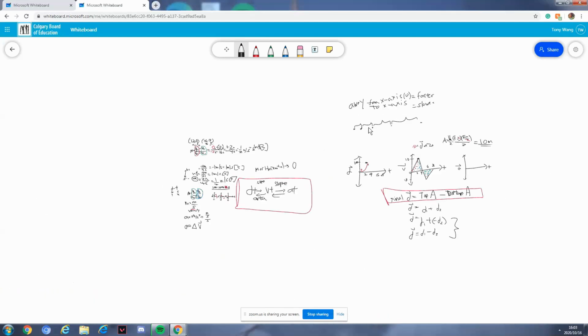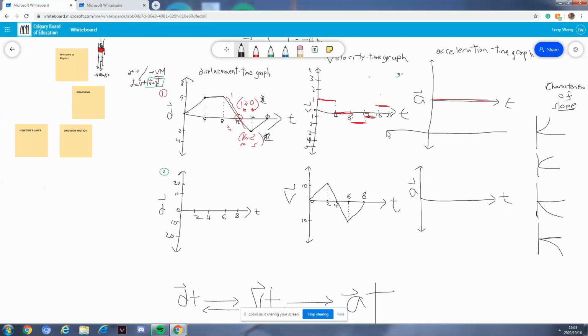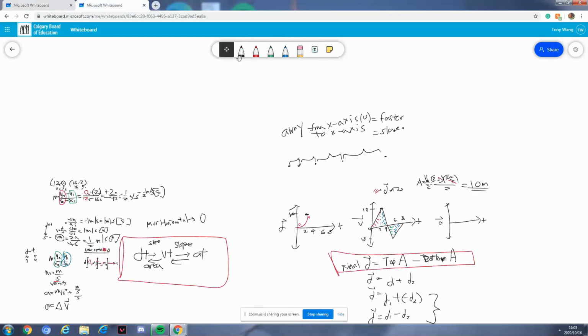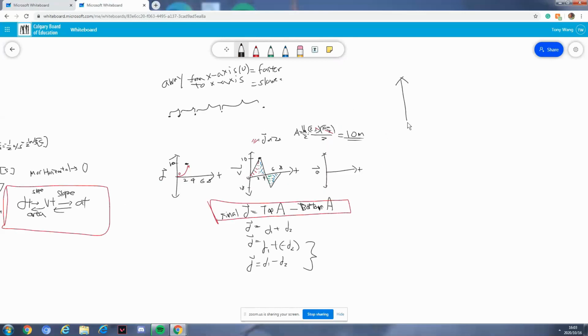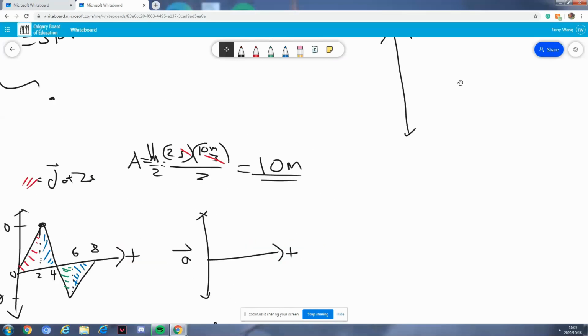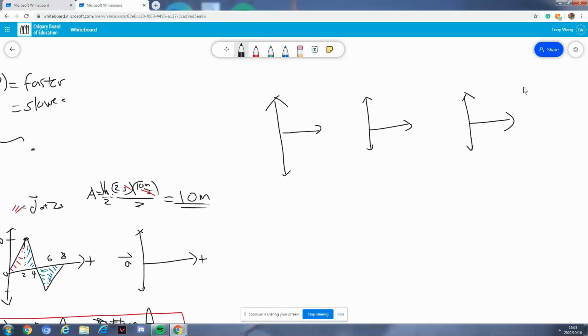Now I just want to bring up a quick note, so I wrote it here, characteristics of slope. So let's analyze some things from the slope. The only curves you'll see are on displacement time graphs. There are 4 characteristics, these are the common curves that you're going to see.